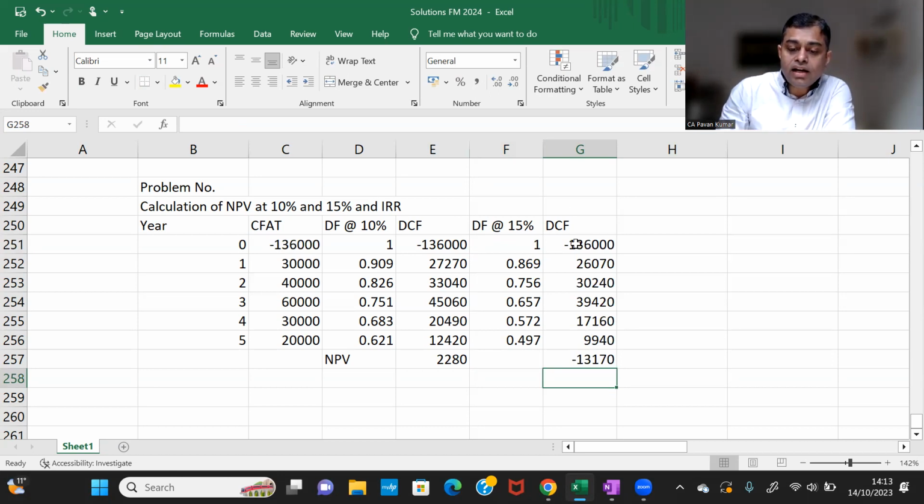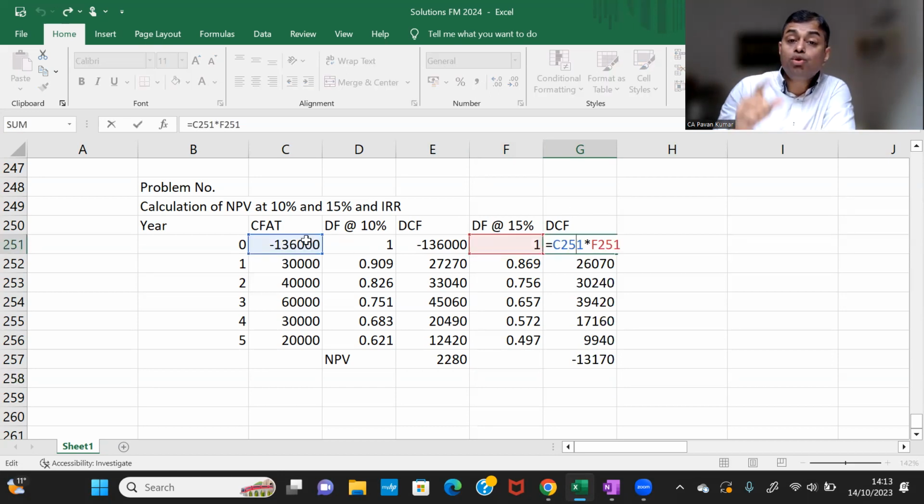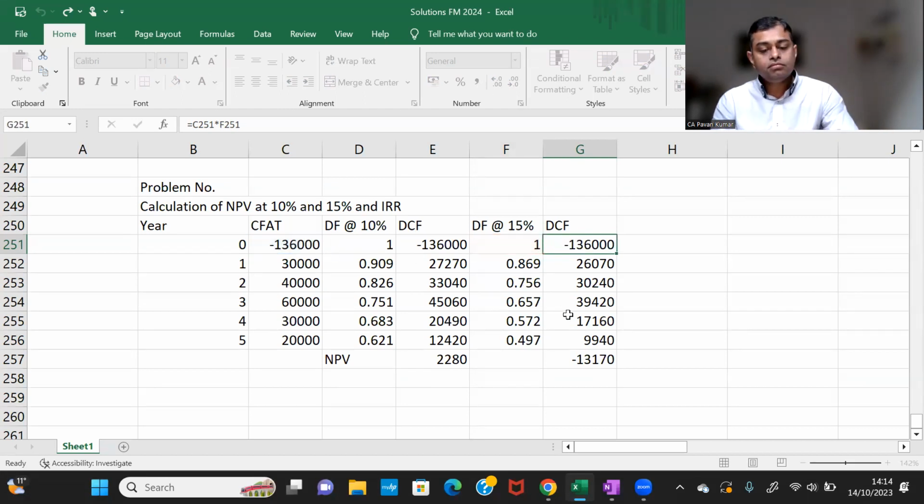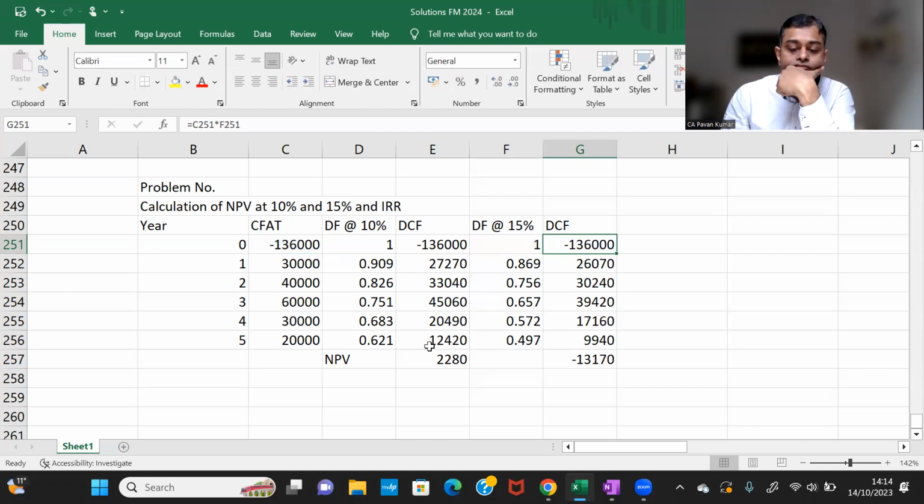When you are calculating DCF, remember you should take original cash flows into 15% discount factor. You should not take this DCF and multiply with this factor. You'll get wrong answer. You understand what I'm saying?